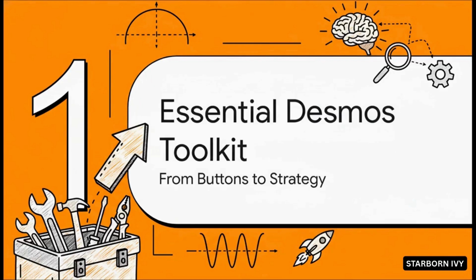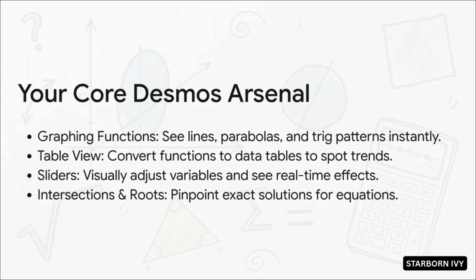Okay, first things first, let's build your essential Desmos toolkit. We're not just going to look at the buttons, what they do. We're going to dive deep into the strategy behind using them to absolutely crush it. I want you to think of these 4 functions as your core arsenal.